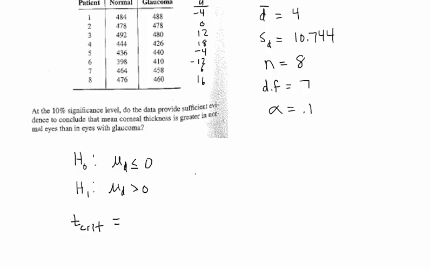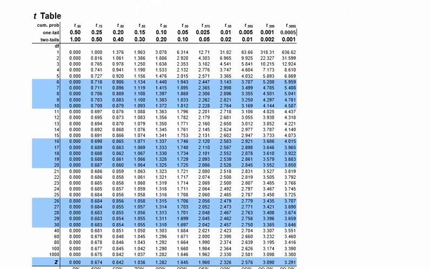And we have one-tailed, 7 degrees of freedom, and 0.1 significance level. So we go one tail, 10%, down to 7 degrees of freedom, and we find that our critical value is 1.415.